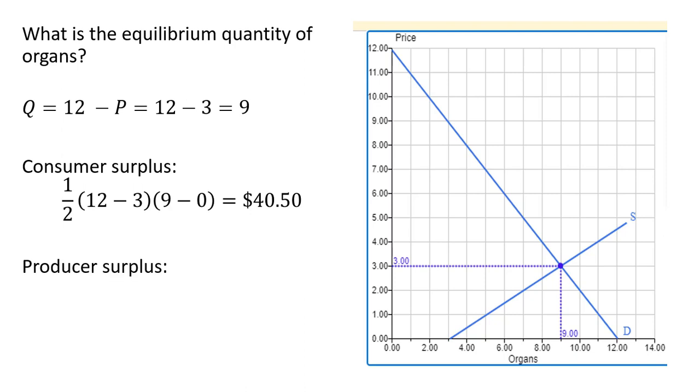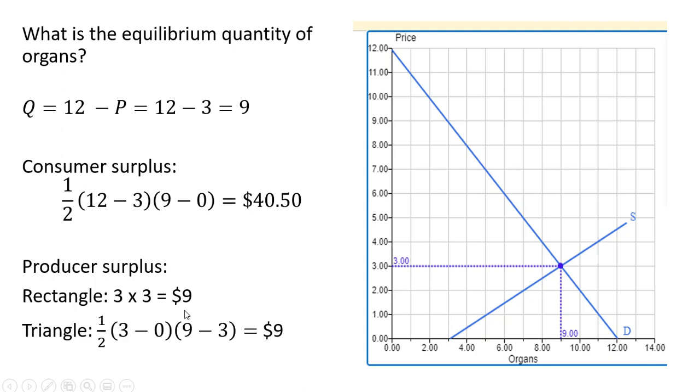Producer surplus is going to be the area between the market price and the supply curve. We can break that area up into two parts. There's going to be a rectangular part right here, and then to the right of that is a triangle. This rectangle is just a 3x3 rectangle, so we get $9.